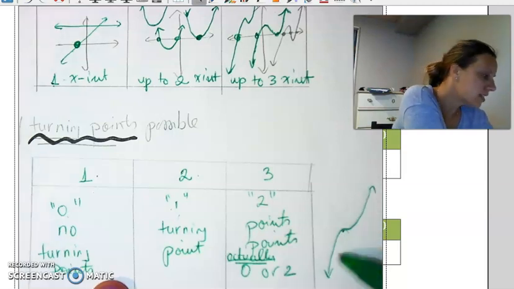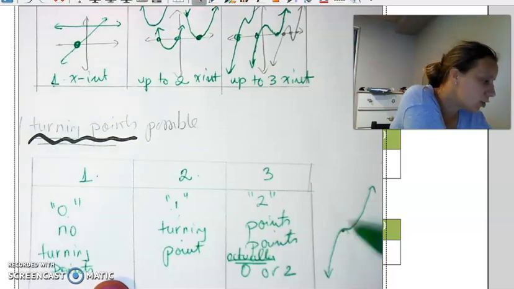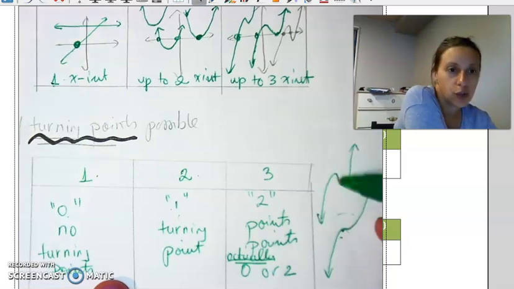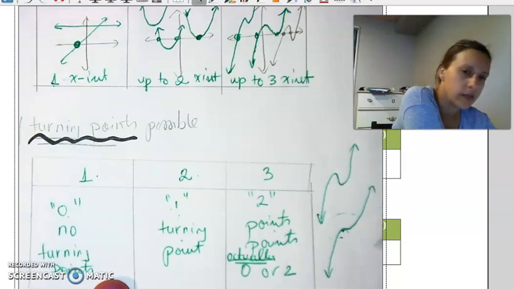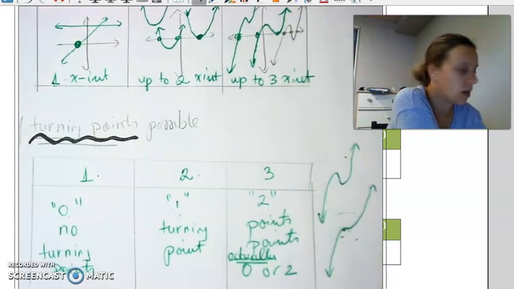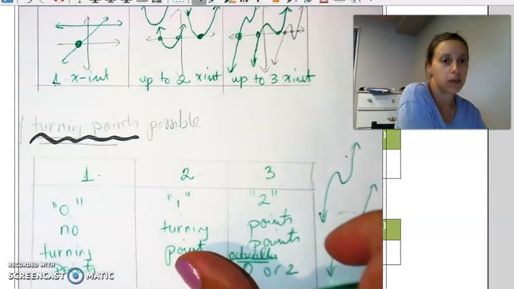It's kind of going to the right and then coming back up again, right? So here there's no turning point. And then you can have a shape like that, which has 2 turning points. So you can either have this case or that case, okay? Up to 2 turning points is fine for me. This is a bit more advanced for later on in your mathematical studies.